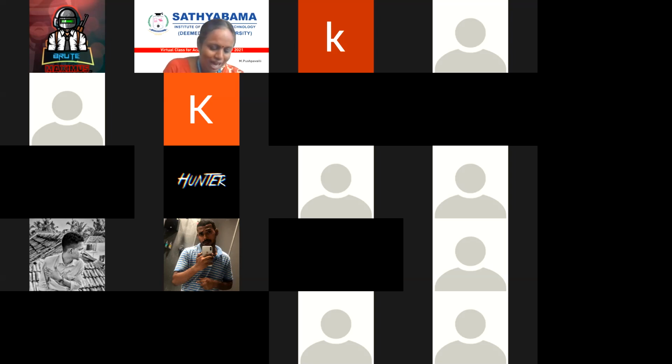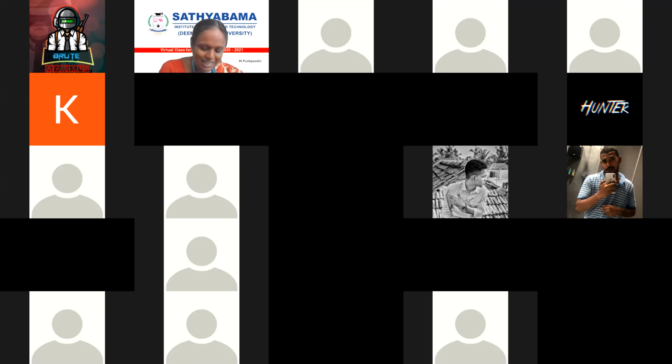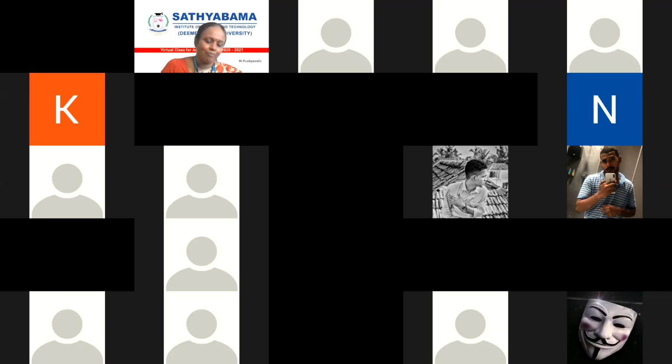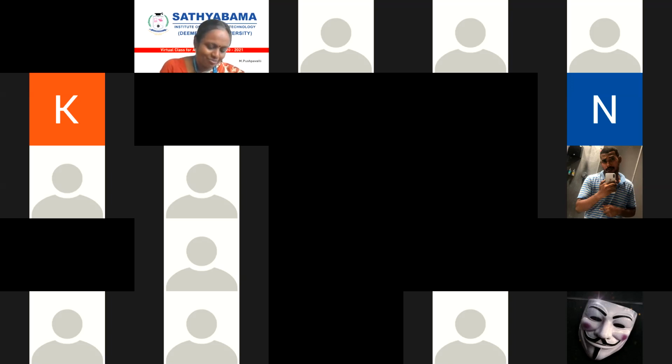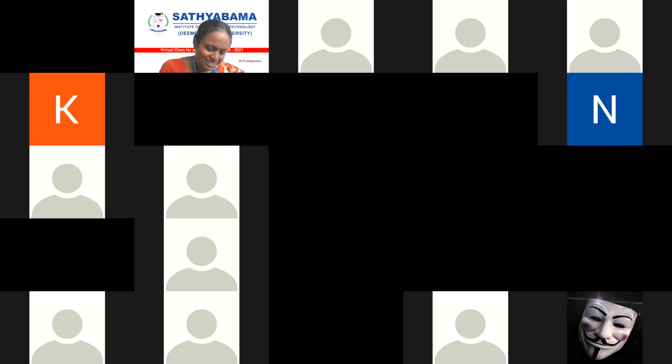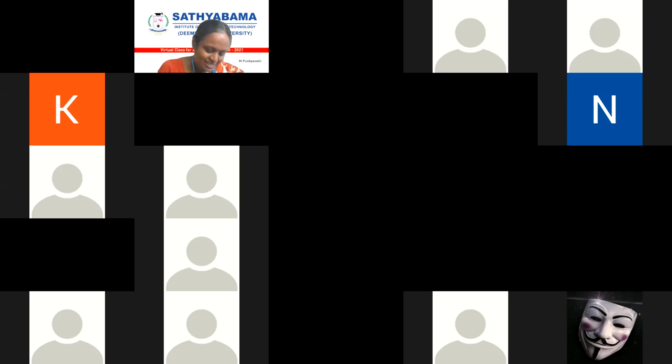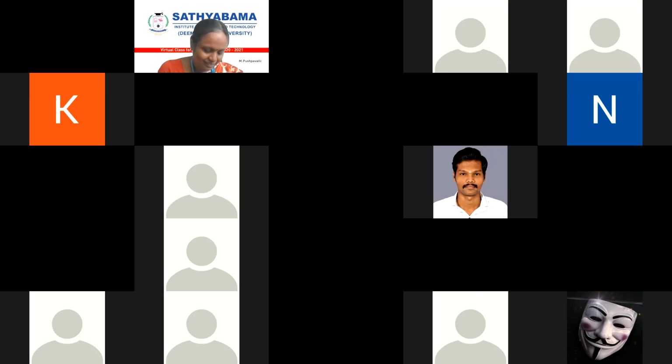John Bosco, absent only. 53, 54, 55, present, ma'am. 56, Nandini M, absent. 57 is present. 58, 59 Neetu Priya, present. 60 through 65, present. 66, Rahul, present, ma'am.